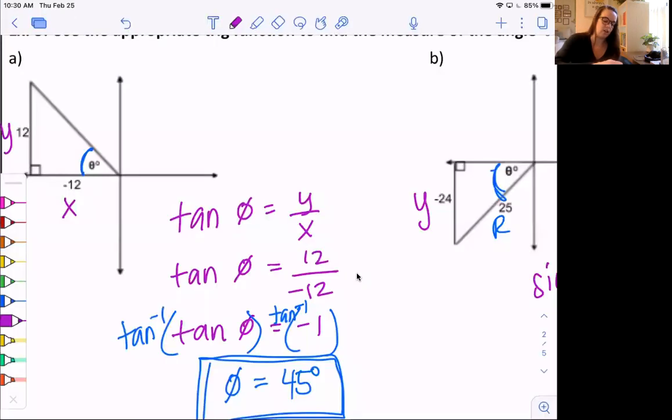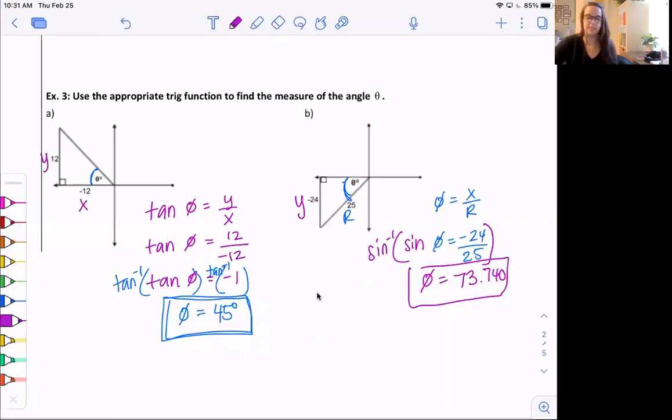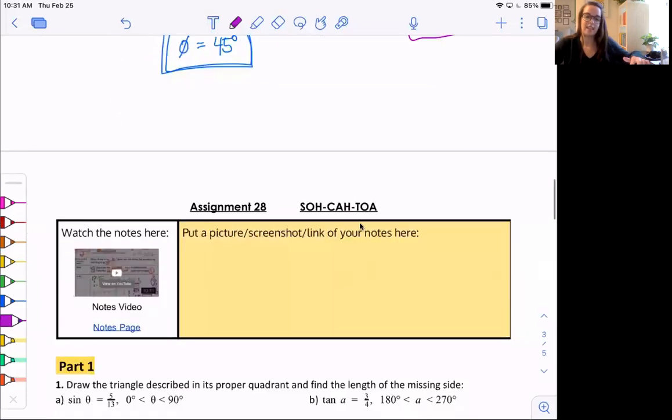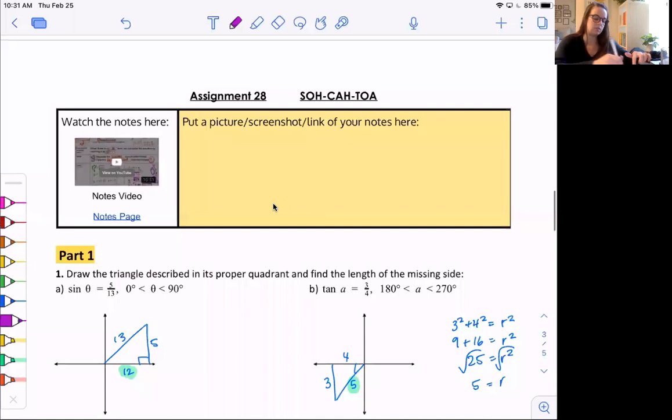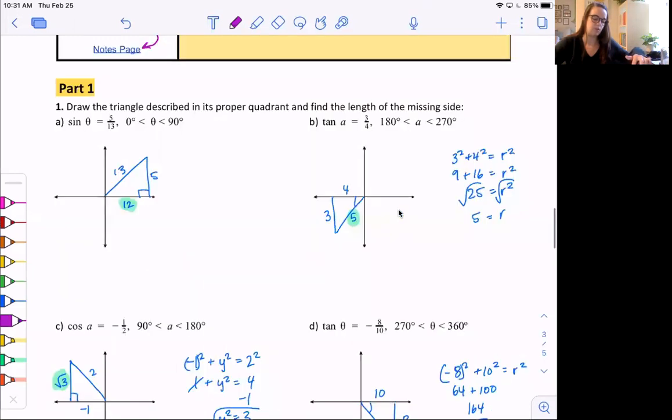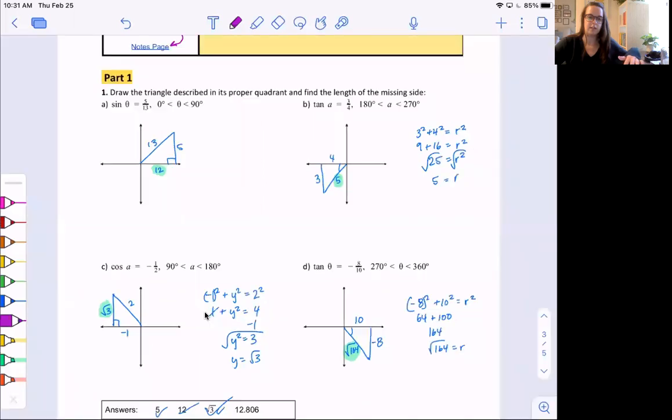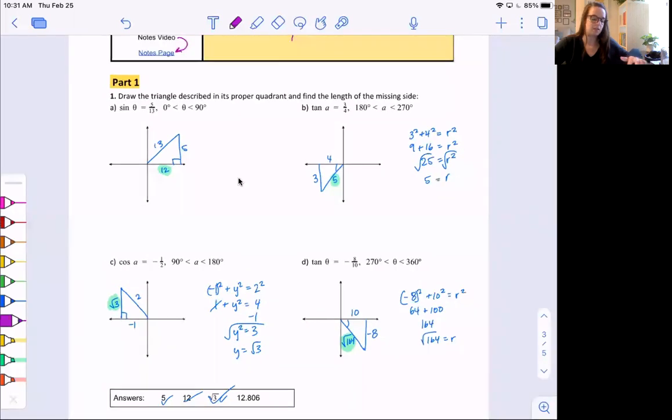Again, if you want to see all of the examples, you can head to the video that I posted for this one. For your assignment, you already have done the notes. The notes video is in the notes page if you need to see that video. You are going to have number 1, right? Number 1 is going to be exactly like example 1.